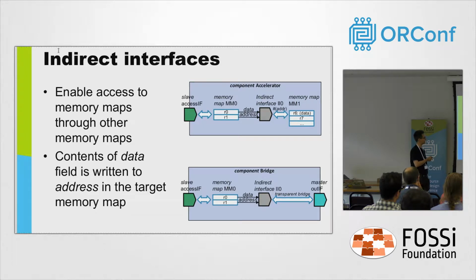You write the data and the address within this memory map through the bus interface as normal, and then the indirect interface makes sure it will end up in the indirect map, into the address defined by the field address in these registers. Another thing you can do with this is redirect the data out from another bus interface into the next component.